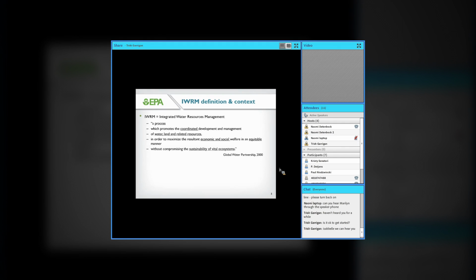And it does include the sustainability requirement, so without compromising the sustainability of vital ecosystems. So we have economic and social welfare, and we have environmental considerations. And this is important because the ecosystems are the underlying systems in which we operate and do all of these other things.